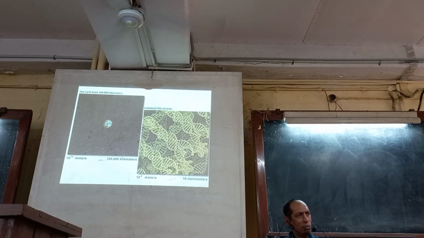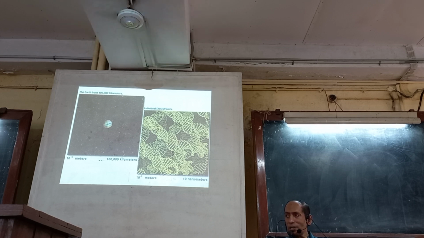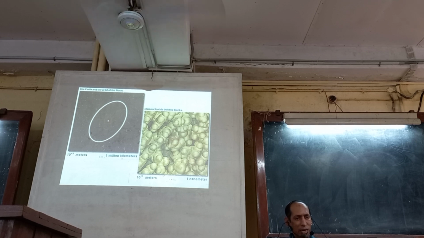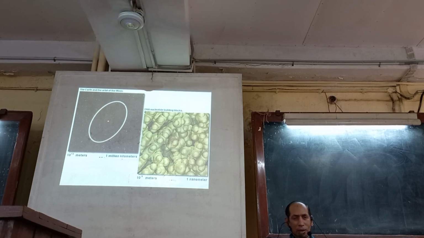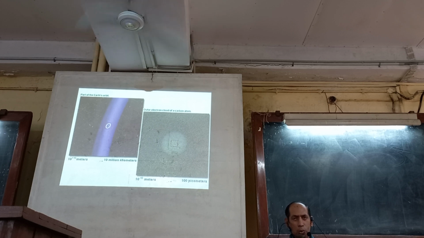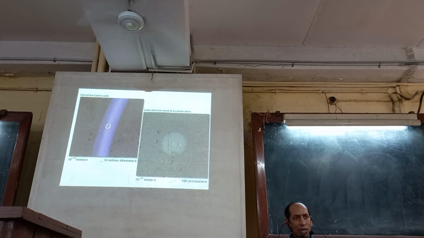You are seeing the earth from a distance. You are seeing the DNA strands. The orbit of the moon, which is shown in white, and the earth is just a speck in it. And here you are seeing the chemicals which make up the DNA, RNA. This blue line is the orbit of the earth around the sun, and the white is the moon surrounding the earth.